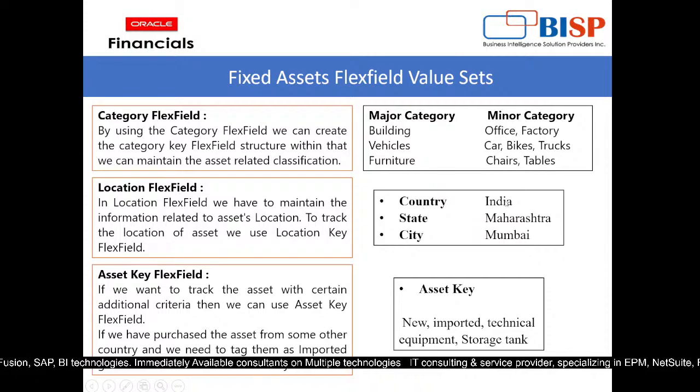If in India, in Maharashtra, Mumbai, and in building 1, building 2, in which building my asset is located, I can tag that asset like that in my location flex field. So I can have 4 values in my location flex field: country, state, city. These will be the segments, and India, Maharashtra, USA, California, these all will be the values under the various segments of that location flex field to locate the asset.